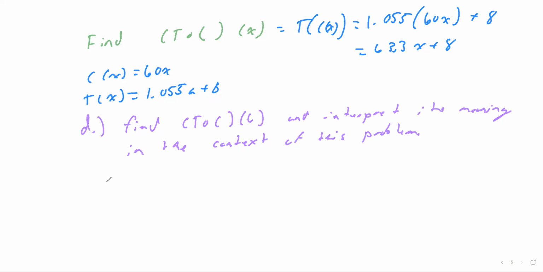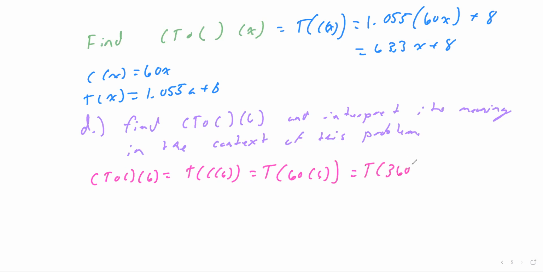Okay, so again, T of C of 6 means take the 6 and plug it into the C. So I'm going to take 60 times 6, and I get 360.